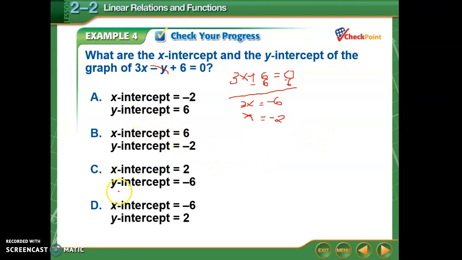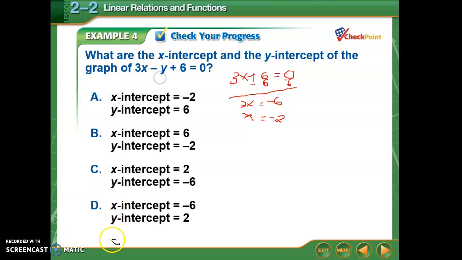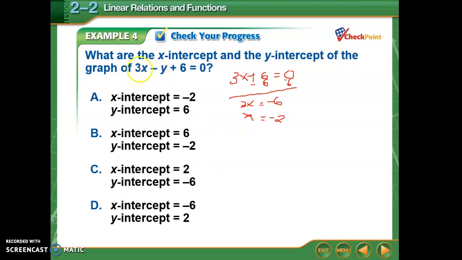Alright, do the same thing for y-intercept. Find the value of y when x equals 0. Okay? So this becomes 0. So you have negative y plus 6 equals 0.